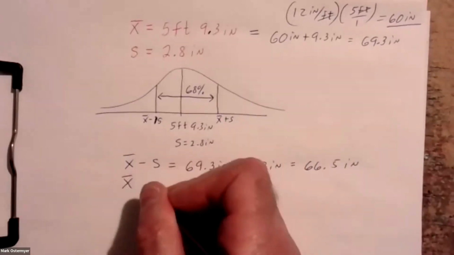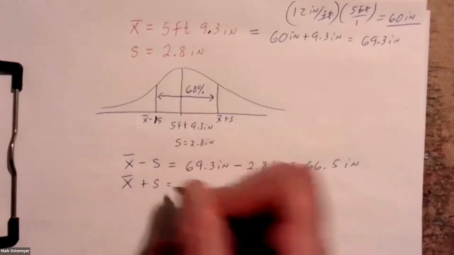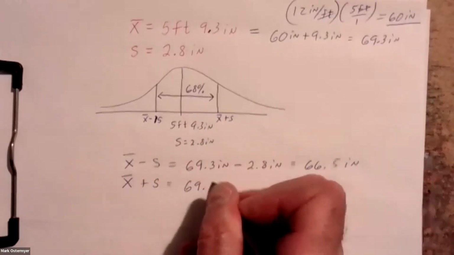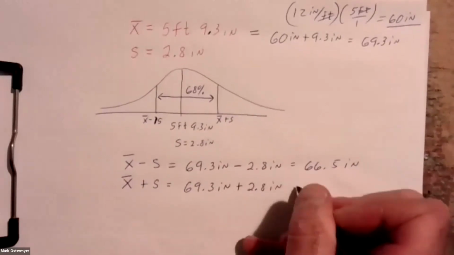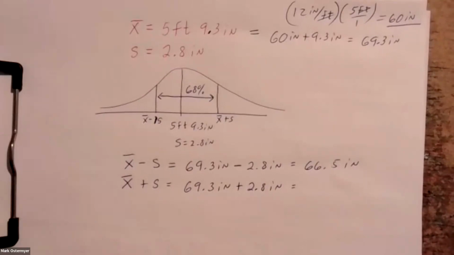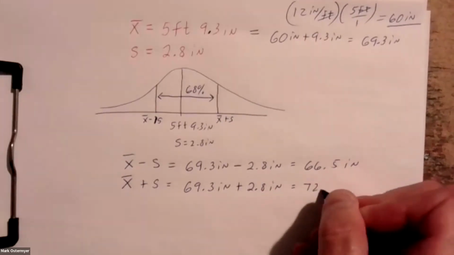Up to the mean plus 1 standard deviation, which is to say 69.3 inches plus our standard deviation of 2.8 inches. That gives us the upper end point of the 68% interval, which would be 72.1 inches, I believe.